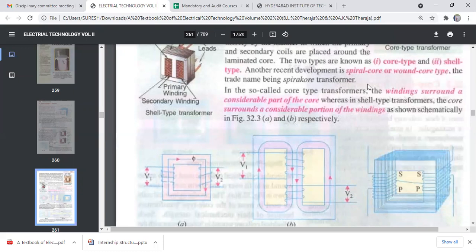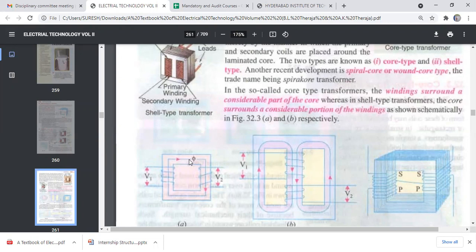In shell type, what is being done? What is there in the middle? Coil. In the middle, the coil is there. The coil is surrounded by the core. The iron piece is covering the coil.